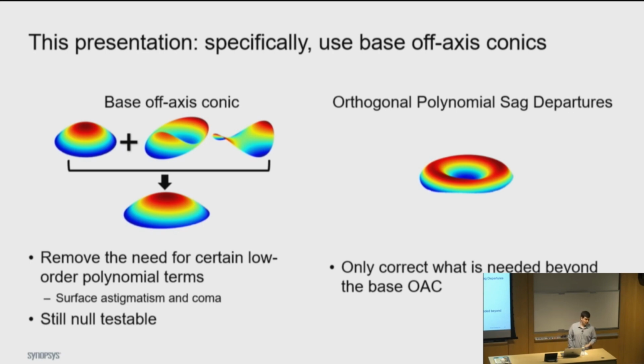By using the base off-axis conic, that off-axis conic is still null testable. So even though the surface is more complicated and has more aberration correction potential than a base sphere, we can still null it out using the Hindle test that we talked about before. And having done all that, it means that the sag departures that are left over afterwards are only going to be what is needed to achieve correction beyond the base off-axis conic parameters. And in that fashion, we are hopefully going to be able to reduce our departures. So that's the goal.